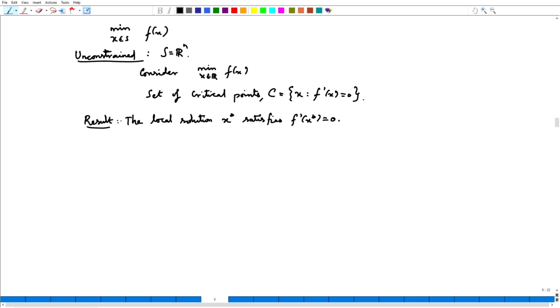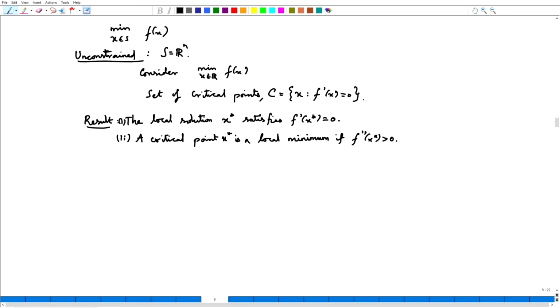So, that is another result. A critical point x star is a local minimum if f double dash of x star is greater than 0.